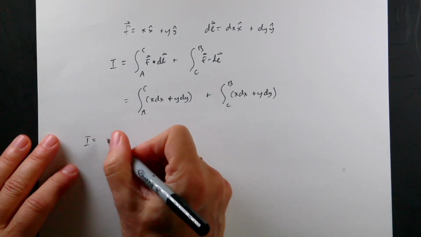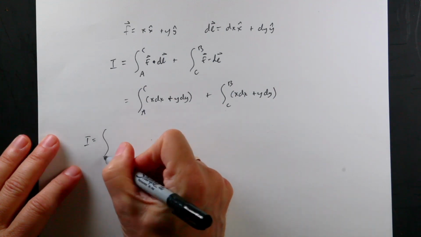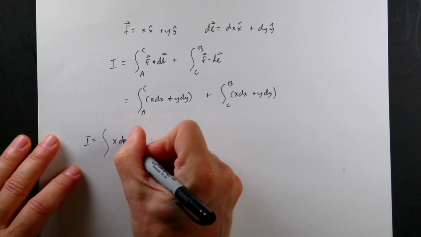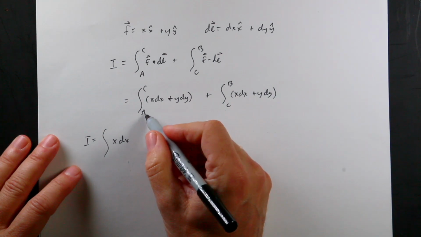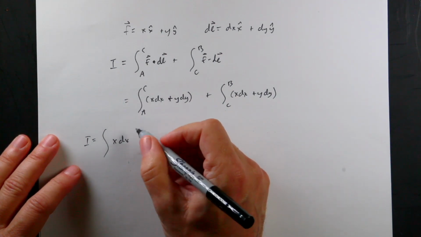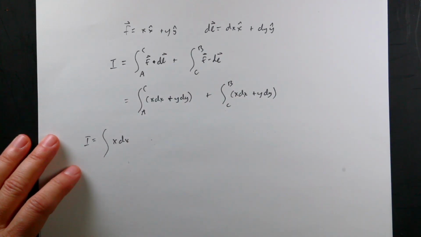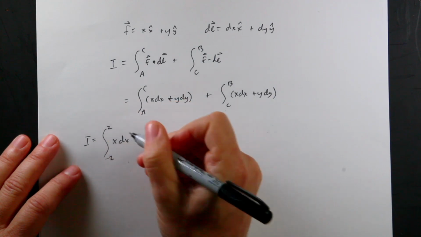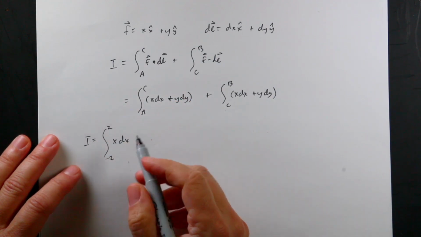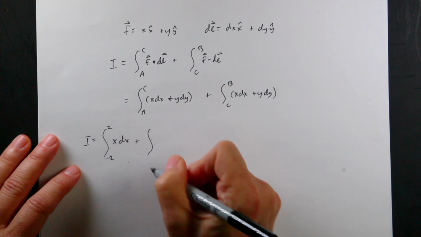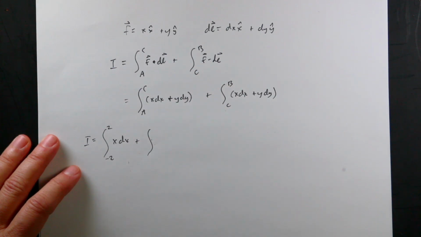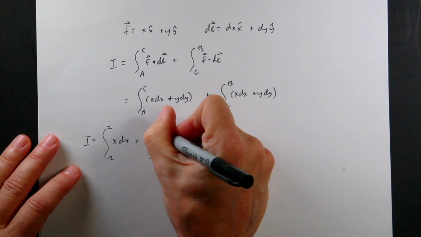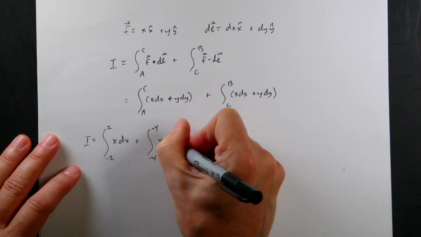I equals, this first integral is going to be x dx, and I'm going from A to C in the x direction. So A was, what did I write down already? Let me look at that. -2 to 2. This is x is -2 to x is 2. Plus the y value went from -4 to -4 of y dy.